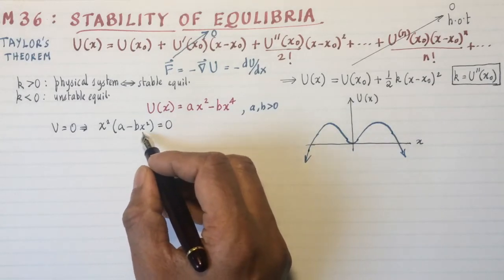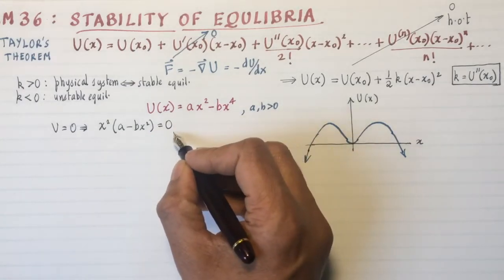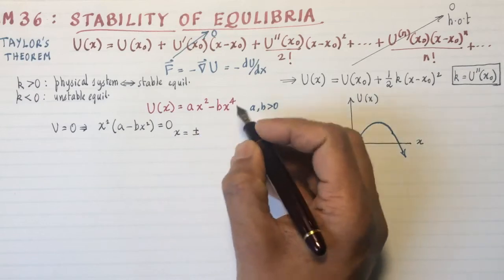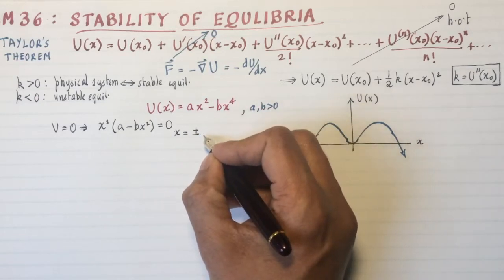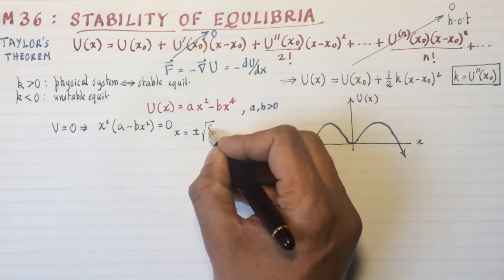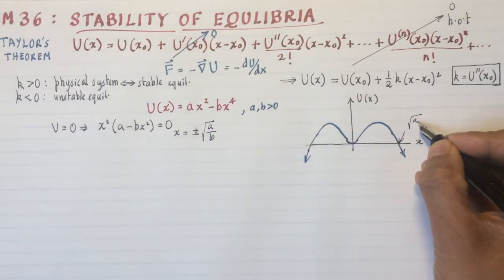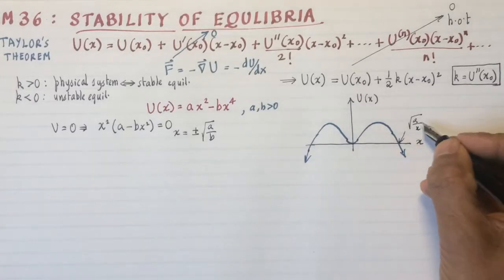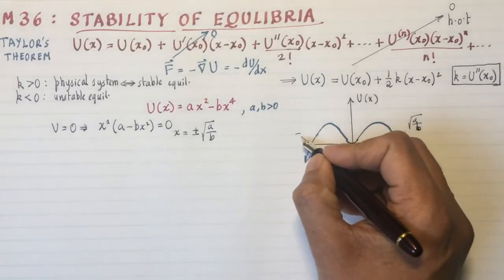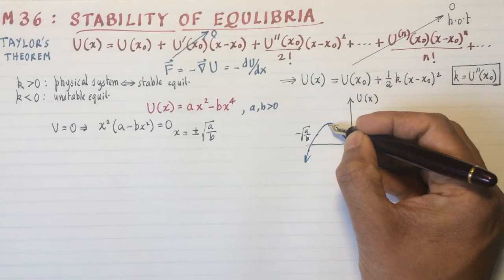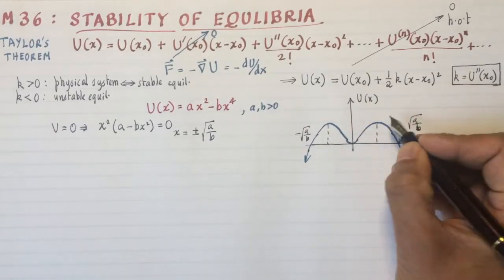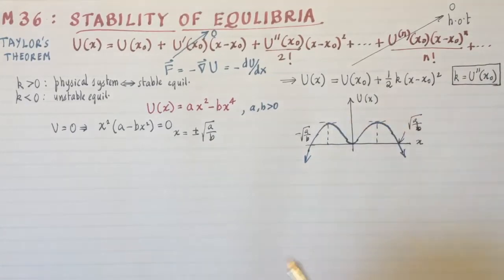And x equals plus or minus square root of a over b are the points where it plunges to the negative zone.